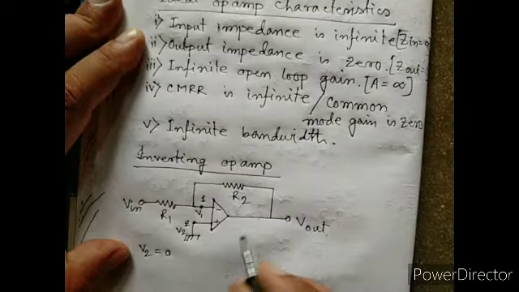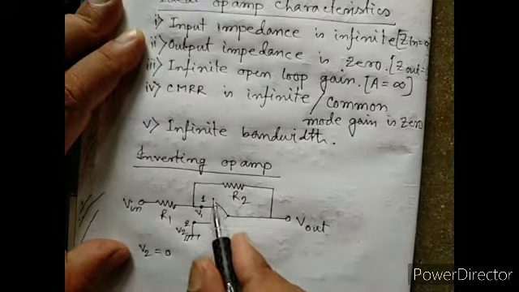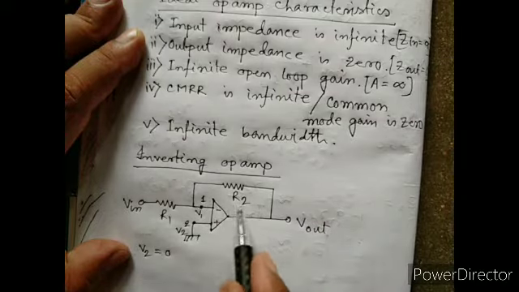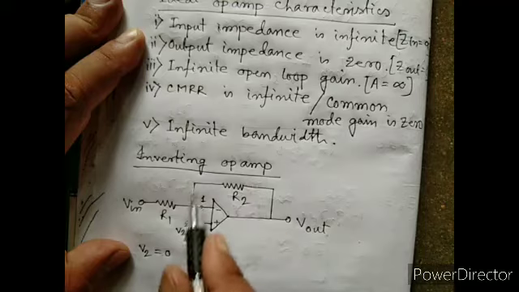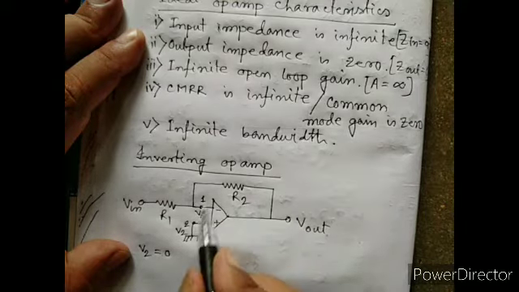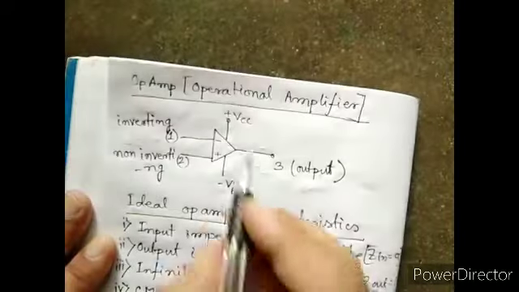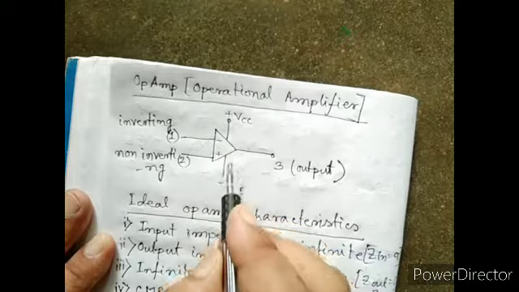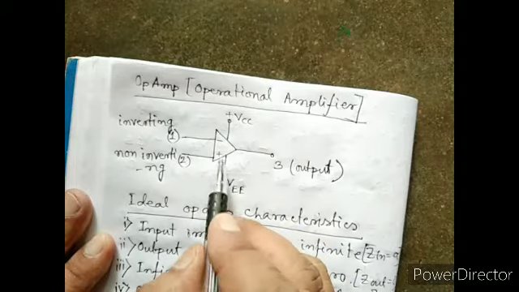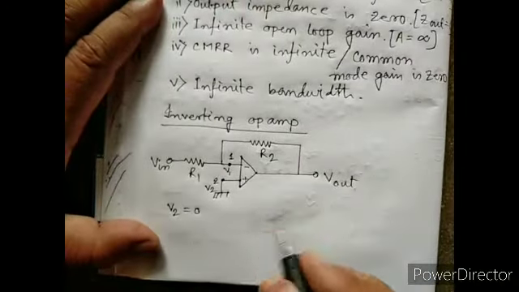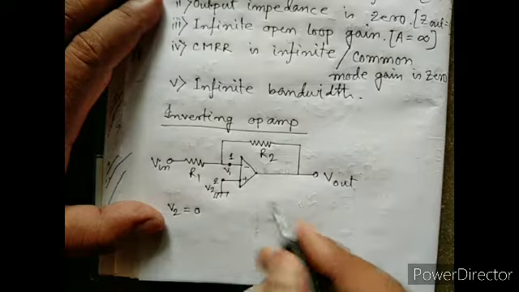Now we know for an open loop operational amplifier, this circuit is closed loop, having this R2 makes a closed loop. So without any closed loop, this ideal operational amplifier has infinite input impedance, infinite gain. So what will be the output for infinite gain?